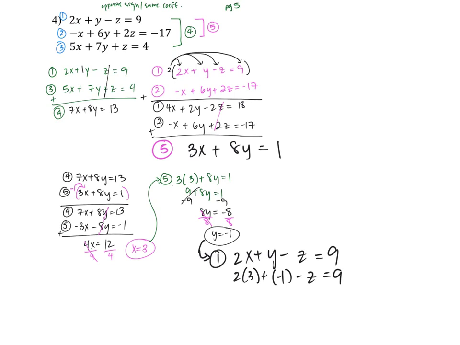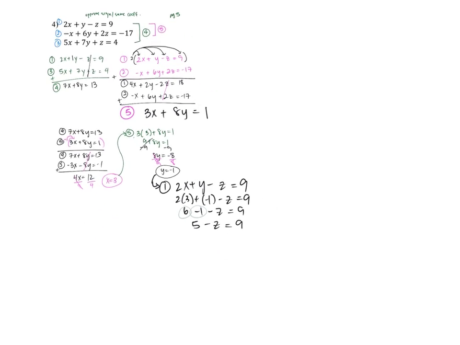If I work this out from left to right, 2 times 3 gives you 6, then -1 minus z. You can combine these two like terms, since they're both numbers. 6 minus 1 is 5, minus z. If you want to get this by itself, you need to subtract 5.